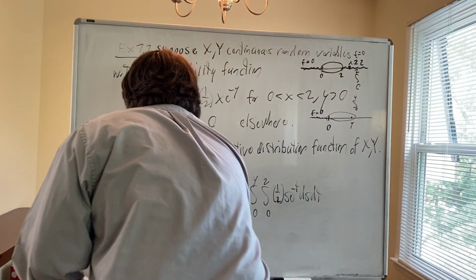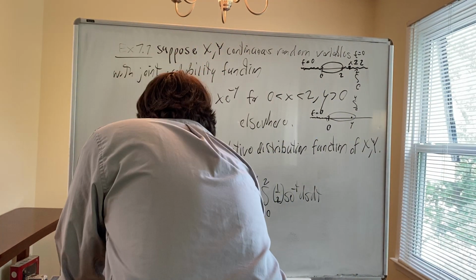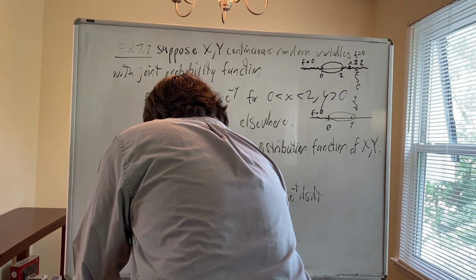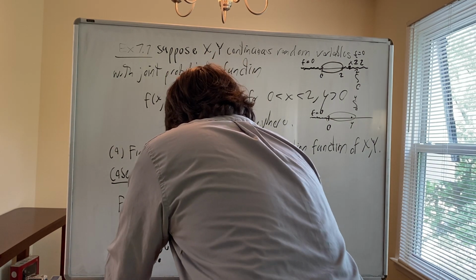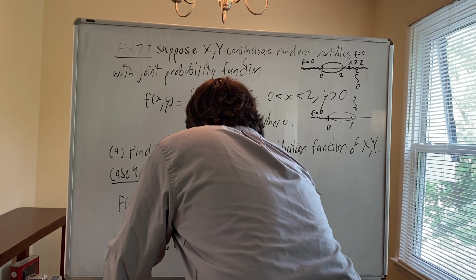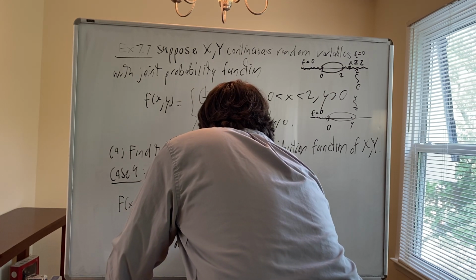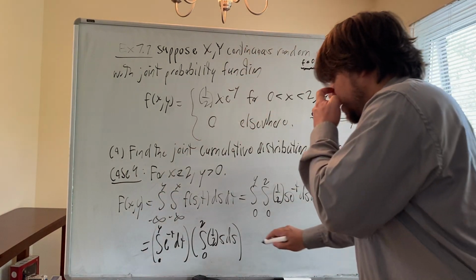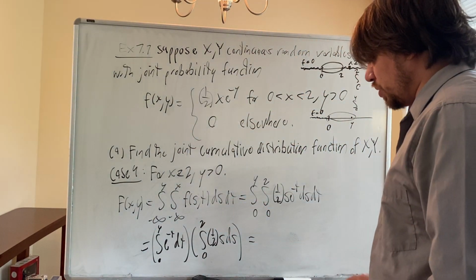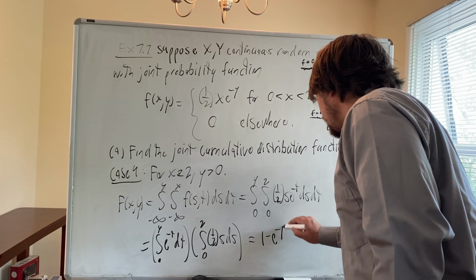To do that, you can separate the two. You don't have to, but it's an easier way to explain it. It's the integral from 0 to y of e to the negative t dt times the integral from 0 to 2 of 1/2 s ds. Now you can integrate both of those and then multiply them. You get 1 minus e to the negative y.